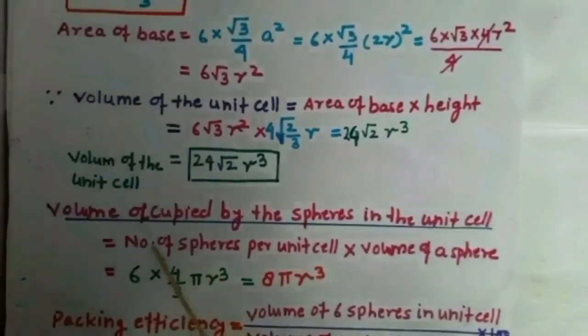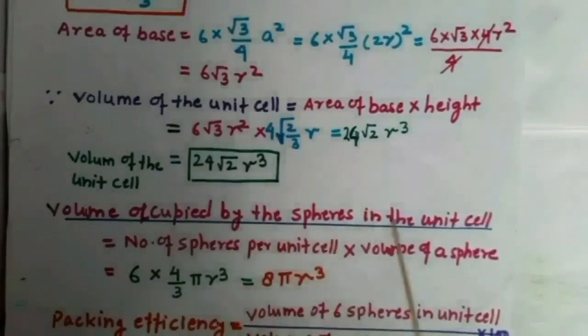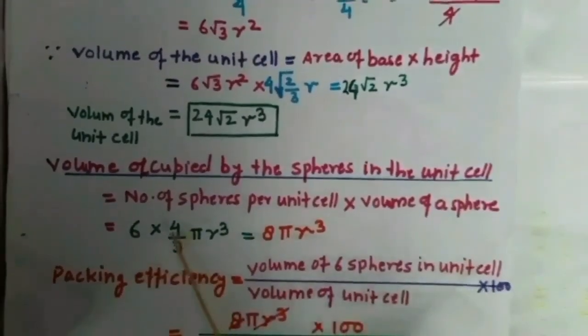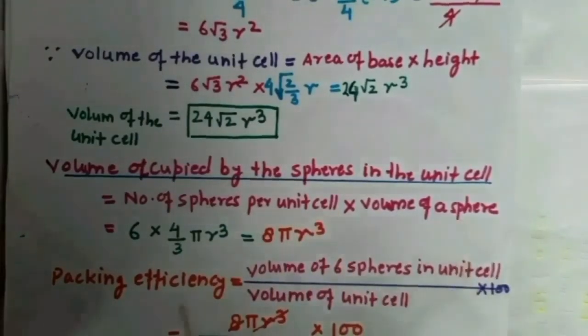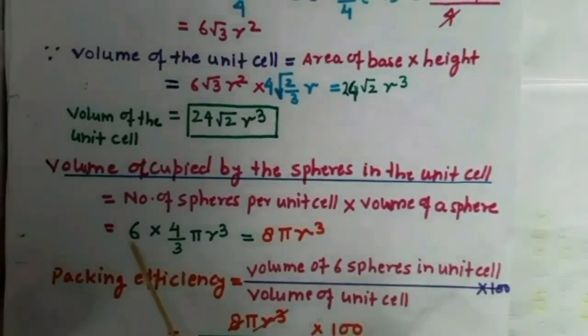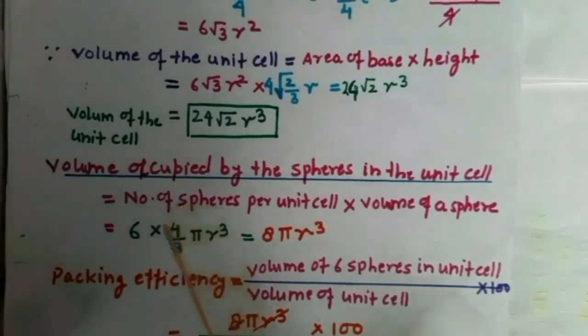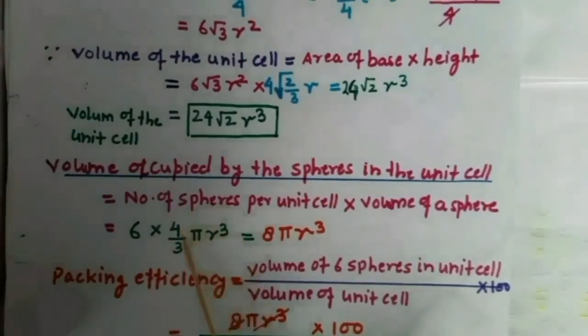So let us find the volume occupied by the spheres in the unit cell, and this is calculated as the number of spheres per unit cell multiplied by volume of a sphere. So there are total 6 spheres per unit cell. 6 multiplied by 4 by 3 pi r cube, where 4 by 3 pi r cube is the volume of one sphere, where r represents the radius of the sphere.